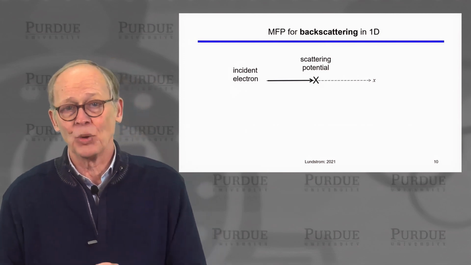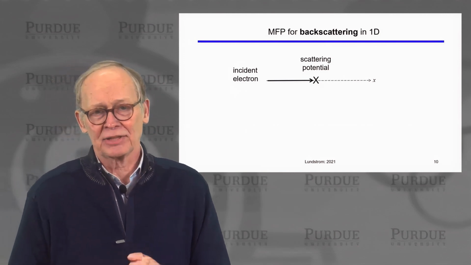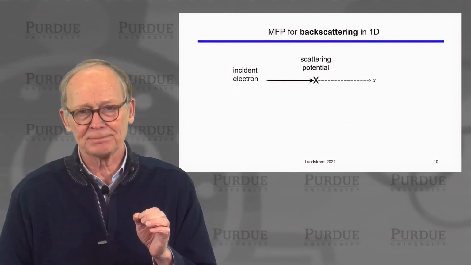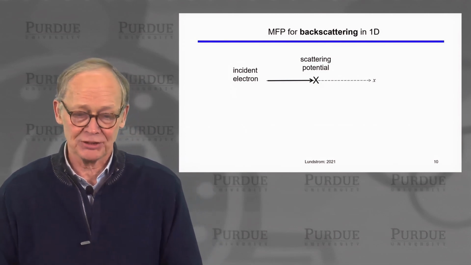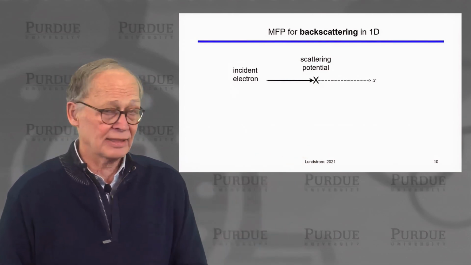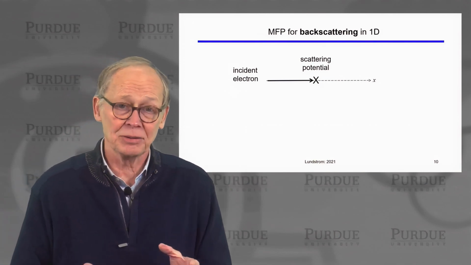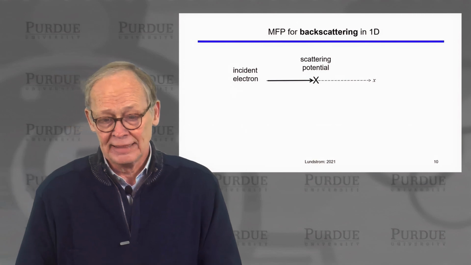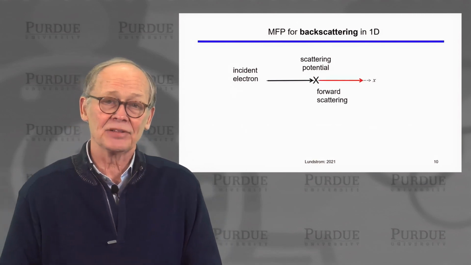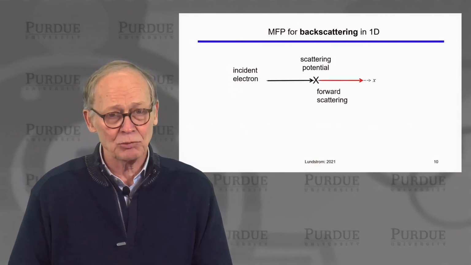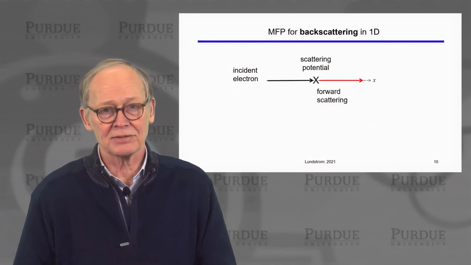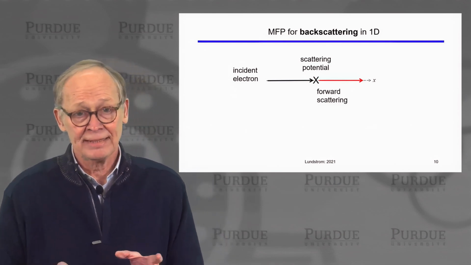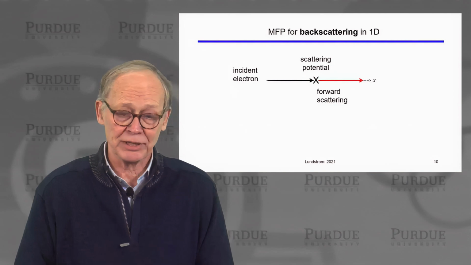Let's say we have a nanowire MOSFET, and electrons can only move in the plus x direction or the minus x direction. And let's say an incident electron encounters some type of scattering event, a lattice vibration or whatever. And let's say that this scattering event is isotropic. It has equal probability of knocking the electron in any direction, and in 1D, there are only two directions.